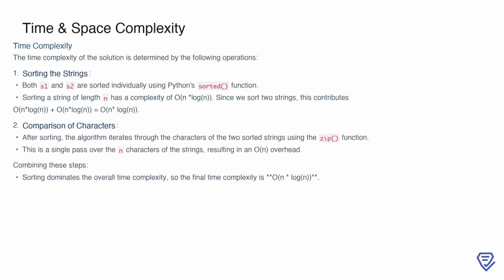Next, after the strings are sorted, the algorithm iterates through their characters using the zip function. This character-by-character comparison is a single pass over the length of the strings, which adds an O(n) overhead. However, since sorting dominates the runtime, the overall time complexity of this solution is O(n log n).